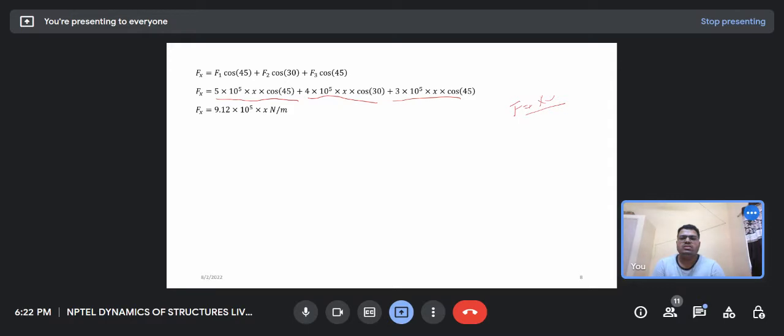If you do the further calculation, I get 9.12 into 10 raised to power 5, so the stiffness is 912 kilonewton per meter. Someone gave me the answer 12 into 10 raised to power 5.